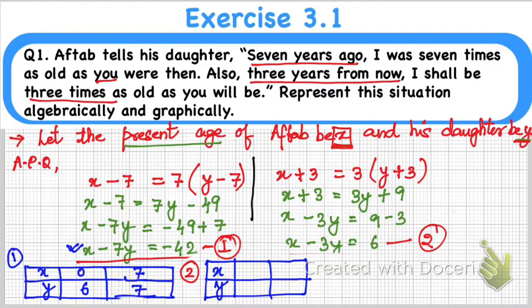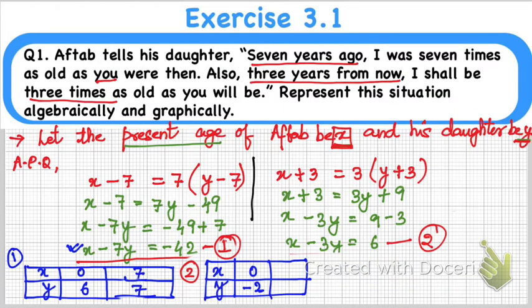Considering x is equal to 0 first. If you take x is equal to 0, what you will get? 0 minus 3y will give you 6. So y will be equal to minus 6 by minus 3, that will give you minus 2, right? So here we got minus 2.